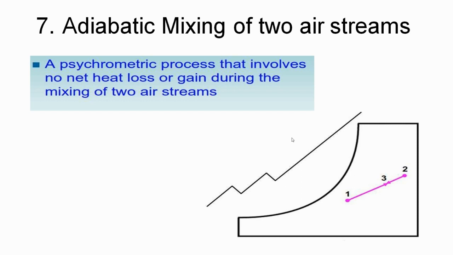Now these two airs are mixed at point number 3, let's suppose, and we have to find the temperature at point number 3. If two streams are mixing, we have to find the state of that mixed air. From this concept, we can easily find the temperature of point number 3, the mixing point.